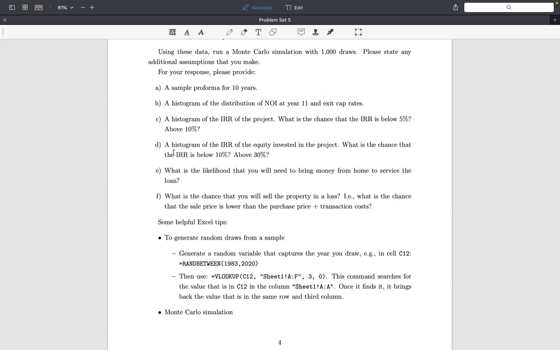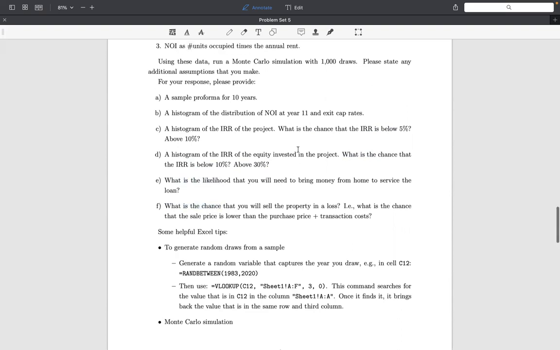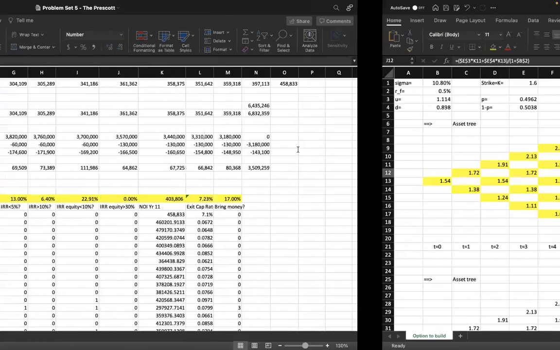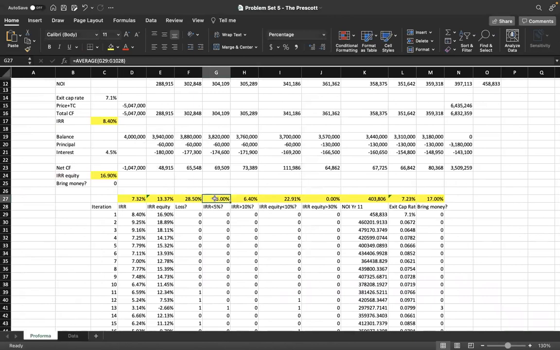And what is the chance of IRR below or above 10%? Or equity IRR below 10% or above 30%? For this kind of question, what is the chance, what is the likelihood, most of the time I see people report a specific number, like the chance is 13%, the chance is 23%.